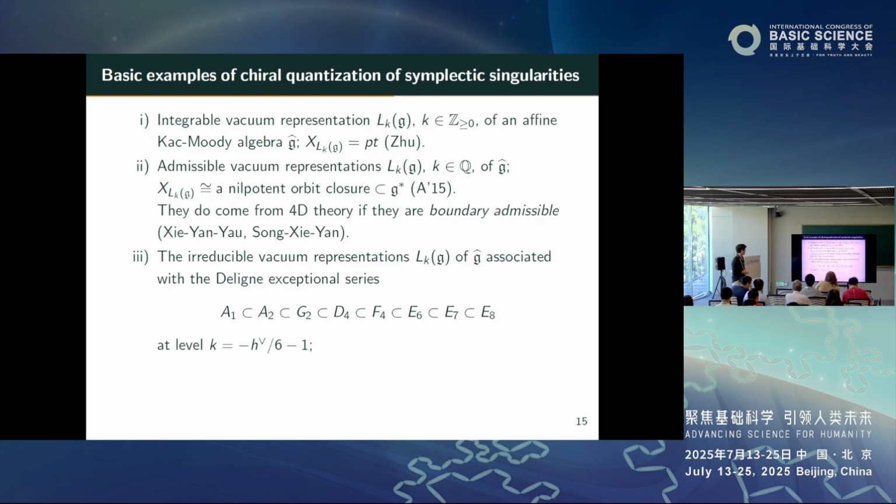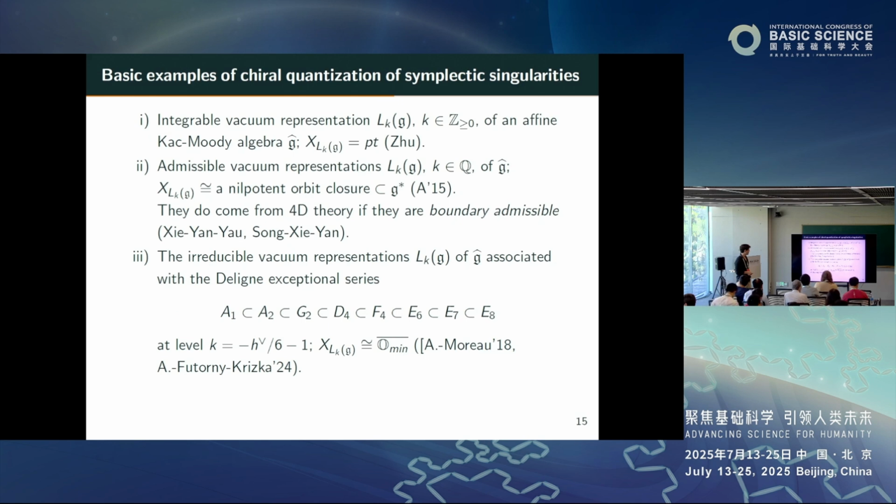And also, there is a very interesting series of Lie algebras called the Deligne exceptional series, which is the series A1, A2, D4, E6, E7, E8. At the level minus h-check, the dual Coxeter number, over 6 minus 1, one can show that the associated variety is a minimal nilpotent orbit closure.